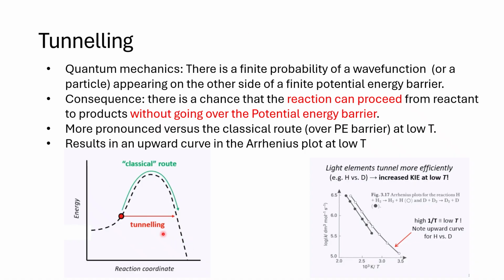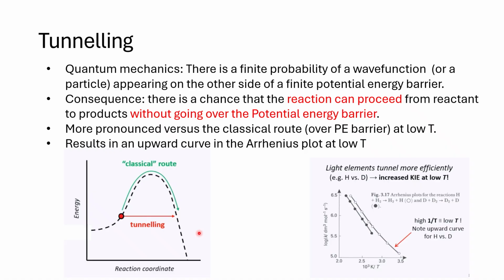Remember, the critical consequence for a reaction is that there is a chance the reaction can proceed from reactant to product without going through the potential energy barrier. This phenomenon is known as the tunneling effect, where the particle just sneaks through the barrier.